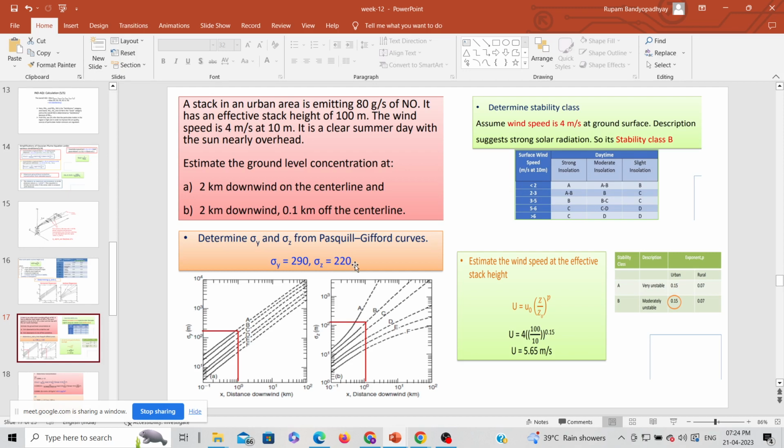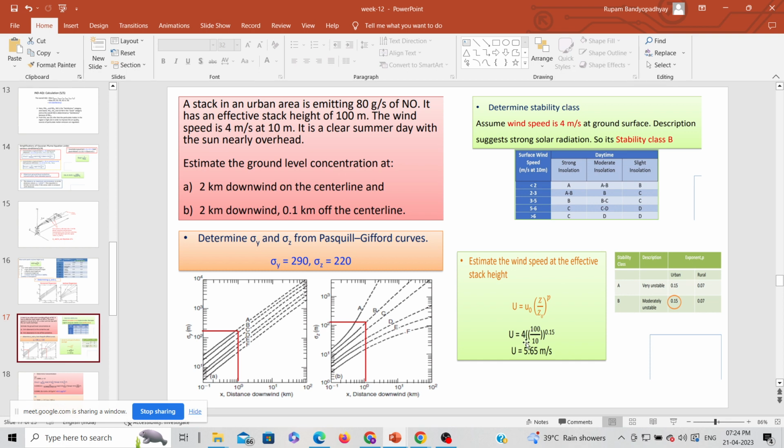Basically, in the exam, the sigma y and sigma z values will be given, so you don't have to calculate from the chart. But for understanding, just understand how these values are generated.